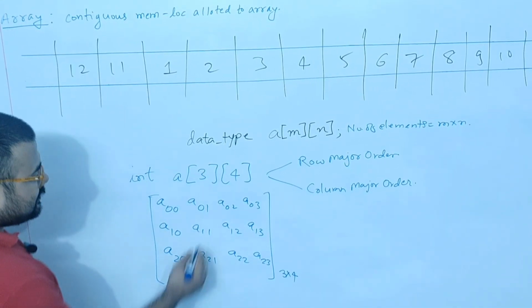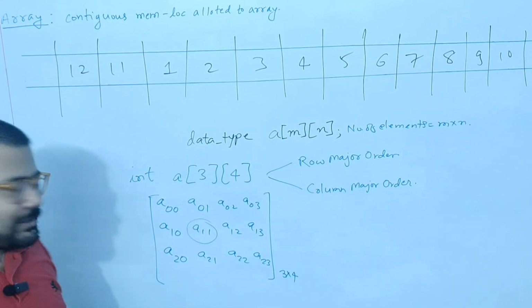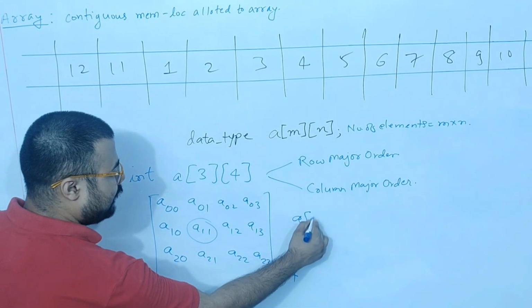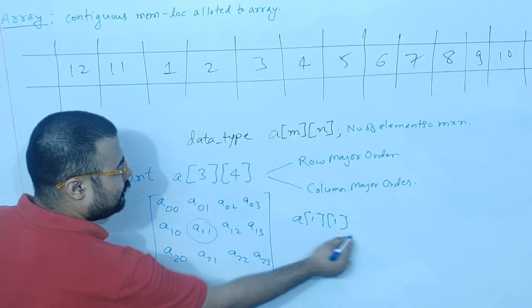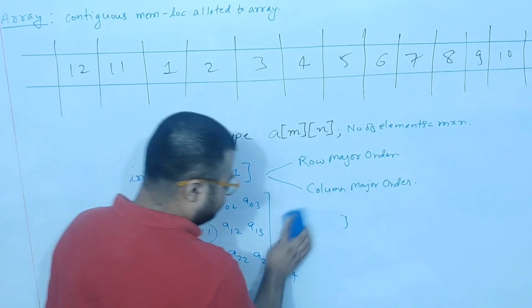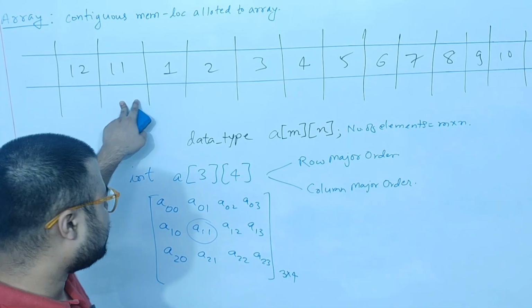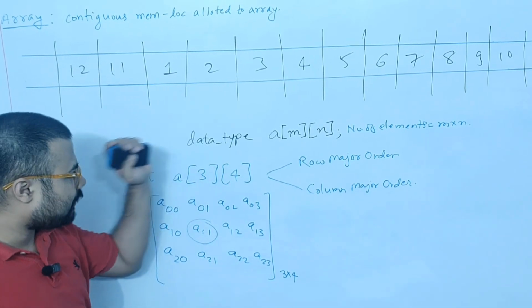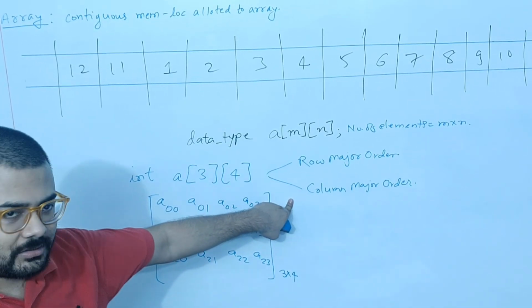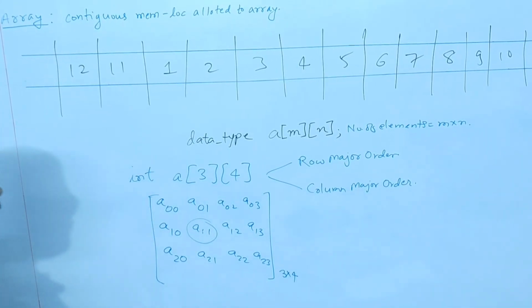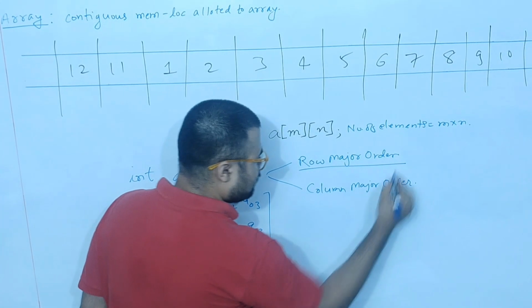So if you want to access A[1][1], meaning the element that is here, giving this will give you that element. Now, how is the memory organized in the case of 2D arrays? It is organized in two ways: either row major order or column major order. What does it mean?